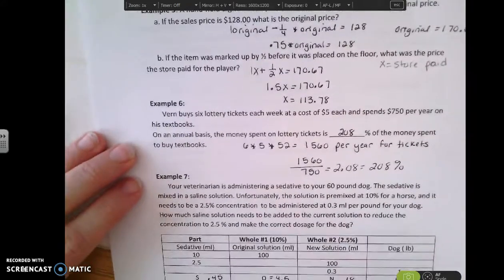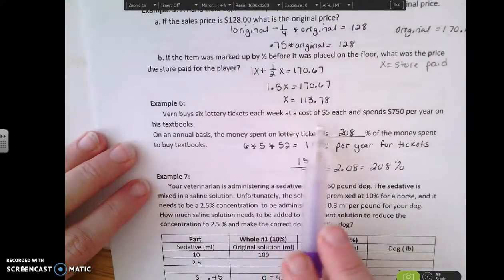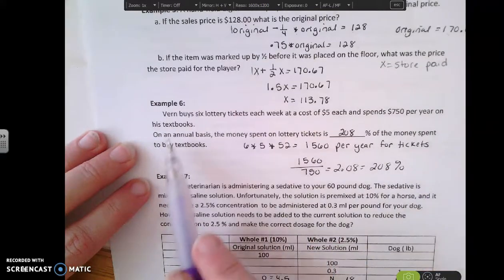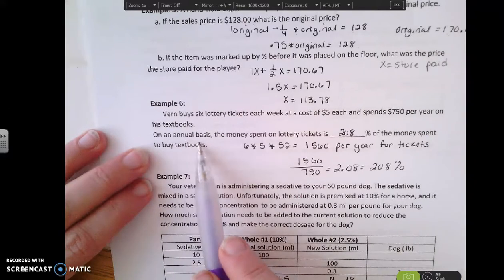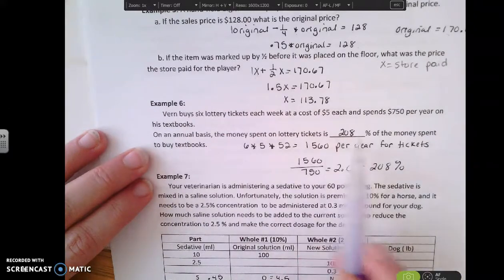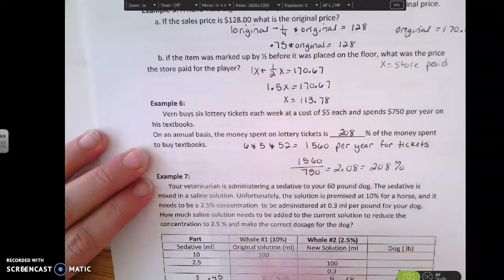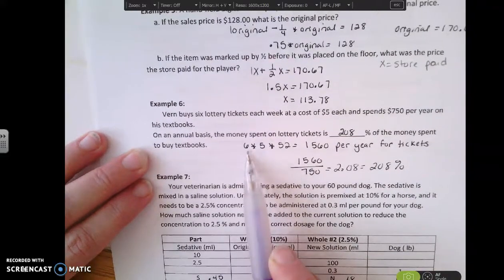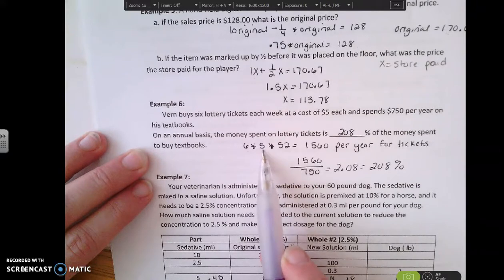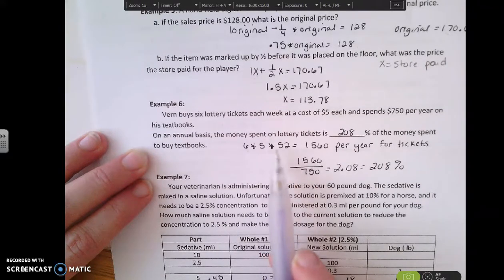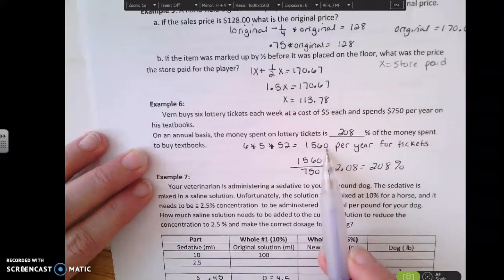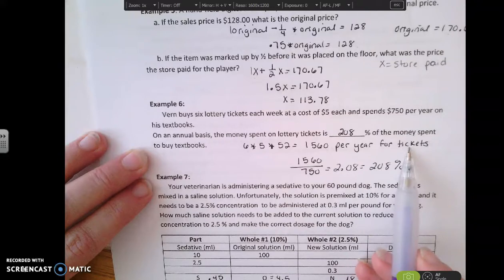Okay, number 6. Vern buys 6 lottery tickets each week at a cost of $5 each and spends $750 per year on his textbooks. So on an annual basis, the money spent on lottery tickets is what percentage of the money spent on the textbooks? So we have to figure out how much he actually spent on tickets. If he bought 6 tickets, they're $5 each for a total of 52 weeks in a year, that would be $1,560 per year for tickets.